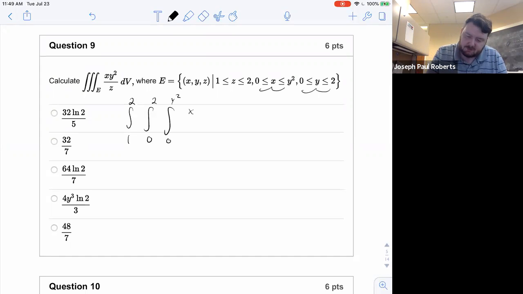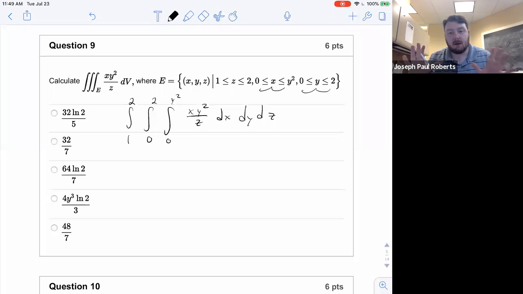So essentially, like I said, it doesn't matter where you do the z, but it will be important to do the x inside of the y, otherwise your answer won't be a number. So we have to do dx before we do dy.